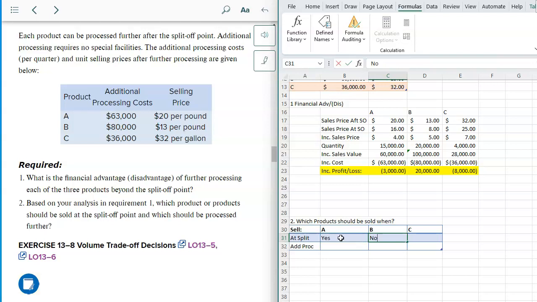B, we do not because we're up 20 grand there. And then C, again, we're down that 8 grand. So yeah, we'll go ahead and sell at the split. Then no. B is our sell after additional processing. And then C, again, we already answered yes, so we'll just throw no in there to fill out the chart.